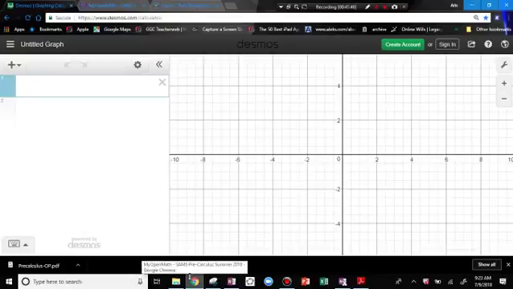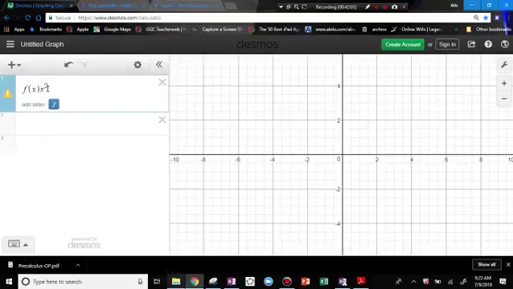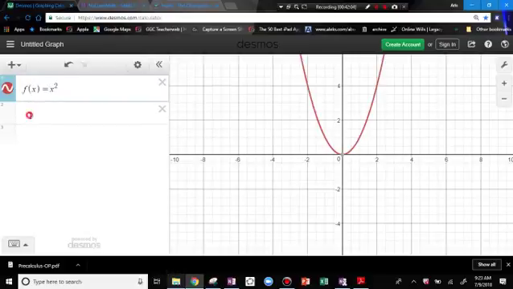We'll start with our favorite, x squared. Let's do f of x equals x squared, and now I want a new function, g of x.